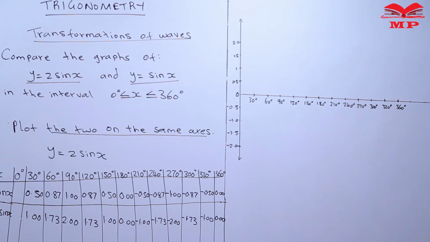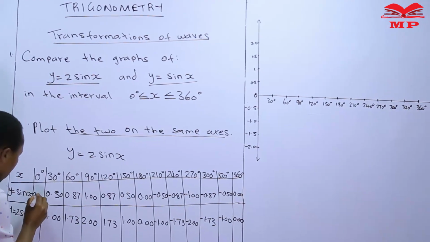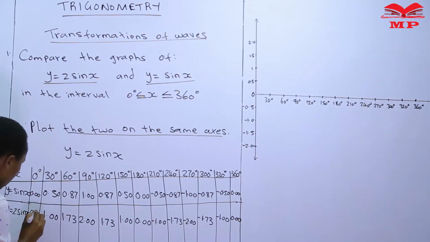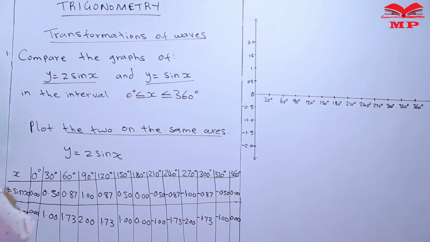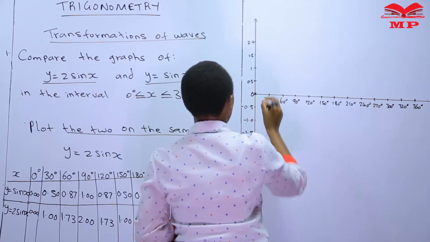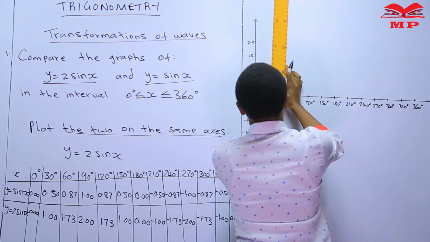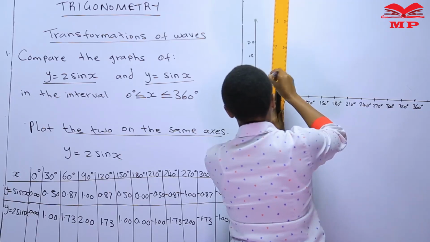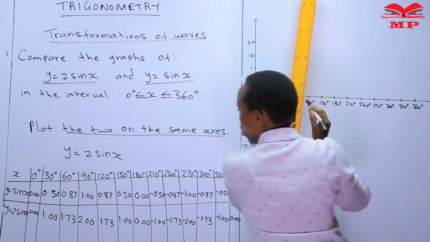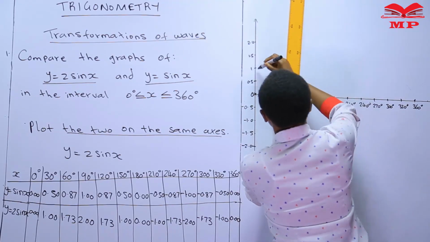So we have sine 0, which is equal to 0. So here we start with 0.00. At first we have 0 degrees, then 0, 0. Then we have 30, 0.5. At 60, we have 0.87, almost 1.